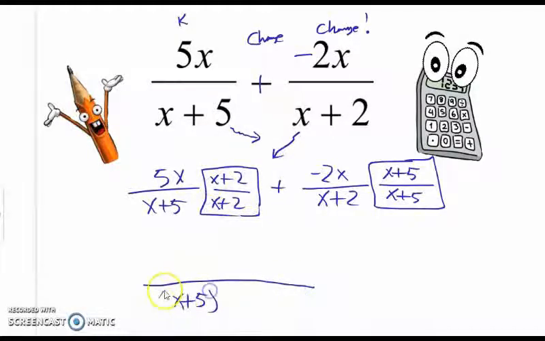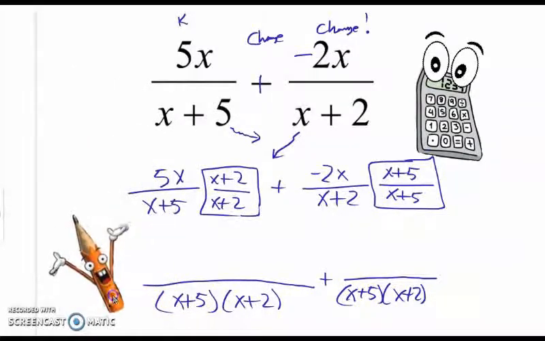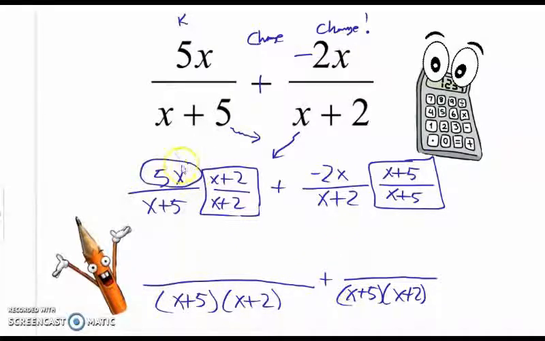So the next step is to rewrite the common denominator, which is combining the x plus 5 and the x plus 2. Oops, I messed up. I'm going to do this again. So then we're going to write it on the other side too. Next, we're going to multiply the 5x and the x plus 2 for the first numerator.